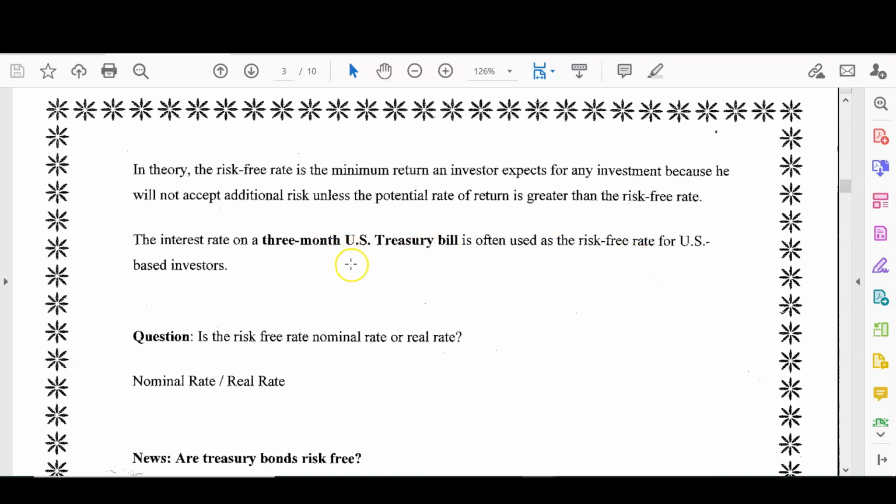For any bonds that are of longer term, or bonds issued by corporates rather than government, or for stocks, we say those other assets are riskier than this 3-month US Treasury bill, and the return for those riskier assets should be higher. We consider the 3-month Treasury bill as a riskless asset, so we say the rate of return for it is the risk-free rate.